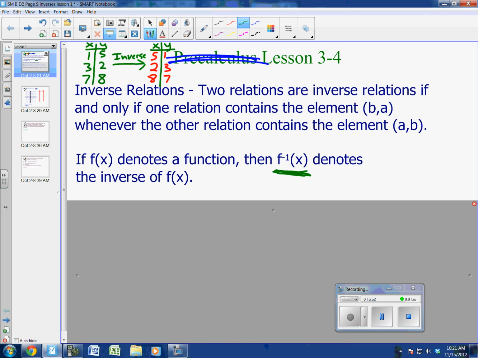So if I have a function f, f inverse, or f to the negative 1, is the inverse. I want to teach you how to say this right here. So everybody repeat after me. F inverse of x. Say it again. F inverse of x. Okay, that's how you say that. Yep, the negative 1 means inverse. Everybody write down, the negative 1 means inverse.